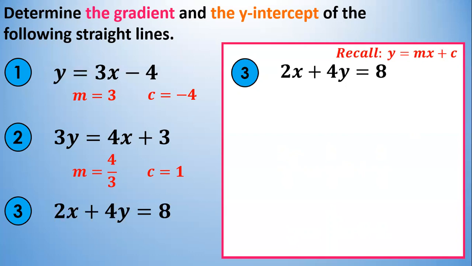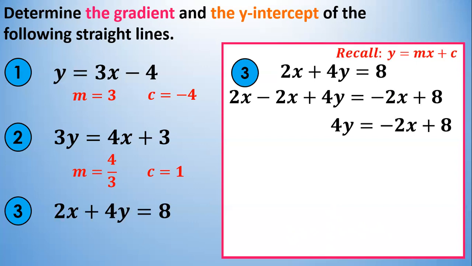To make y the subject, we are going to first subtract 2x from both sides of the equation. This implies that 4y is equal to negative 2x plus 8. To make y the subject, we are going to divide both sides of the equation by 4.